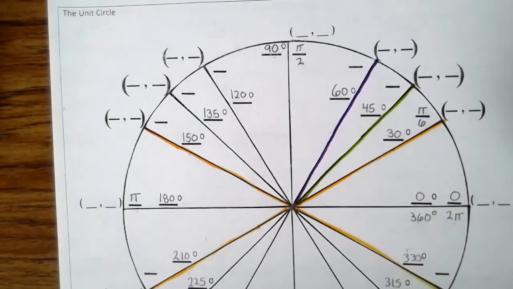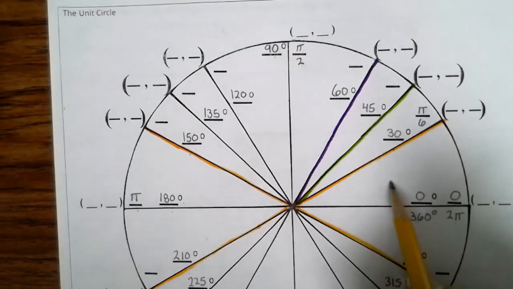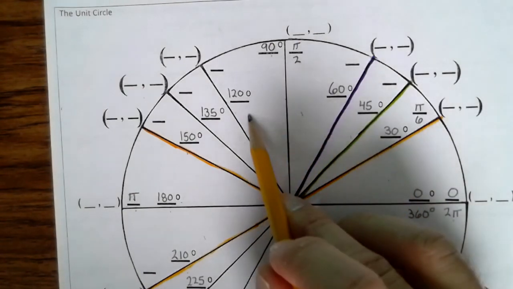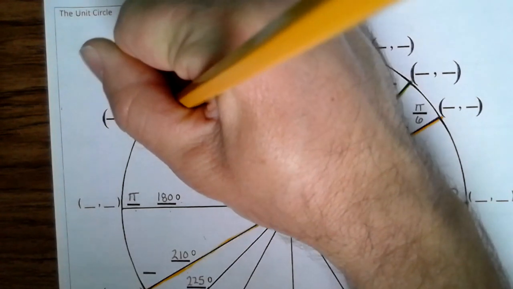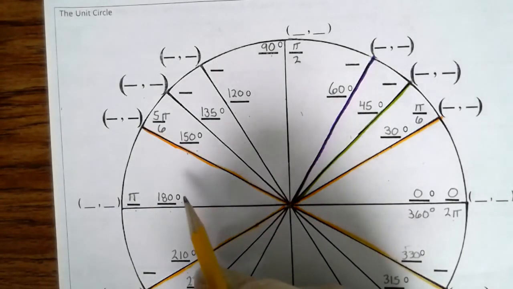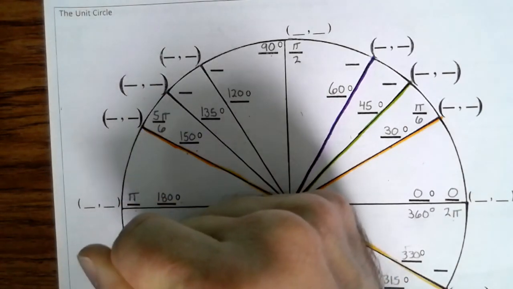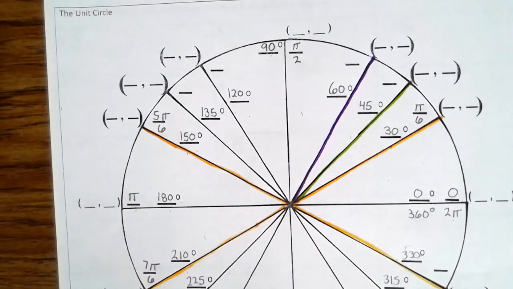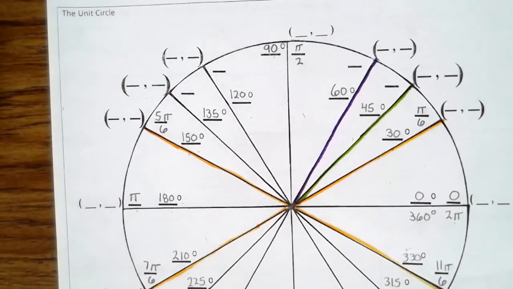So if we count 1, 2, 3, 4, 5, this would be 5 pi divided by 6. 6, 7, this would be 7 pi divided by 6. 8, 9, 10, this would be 11 pi divided by 6. Okay.